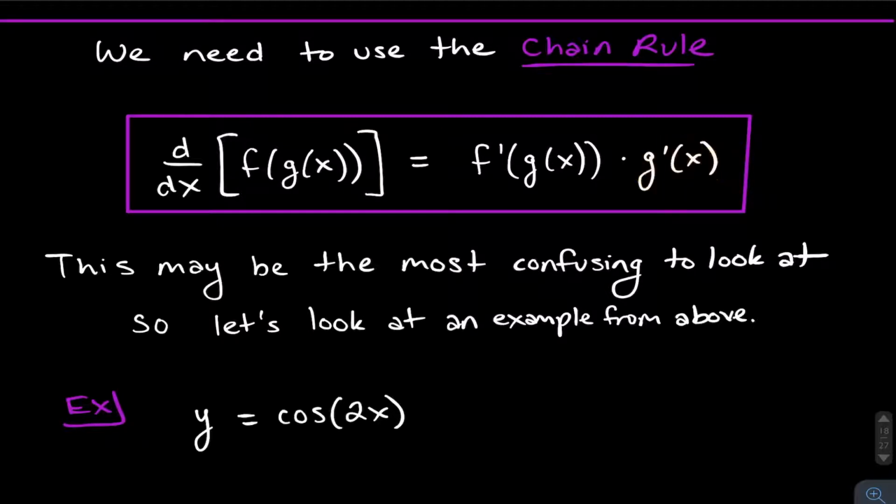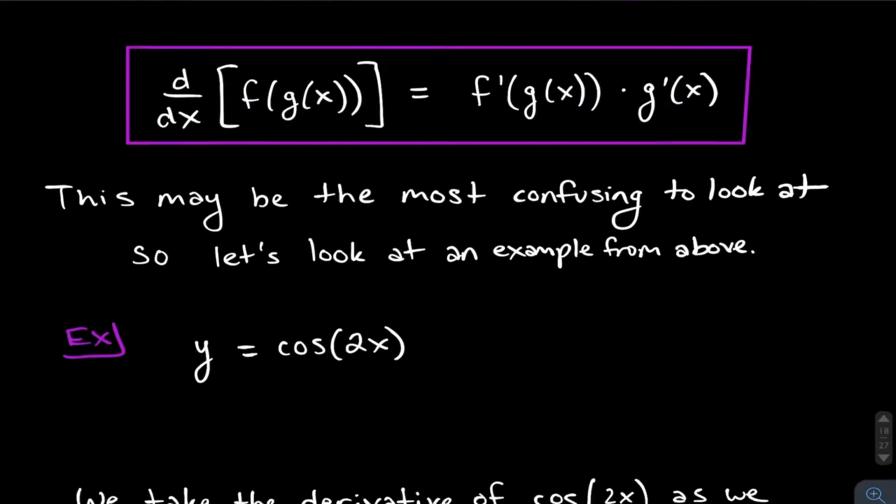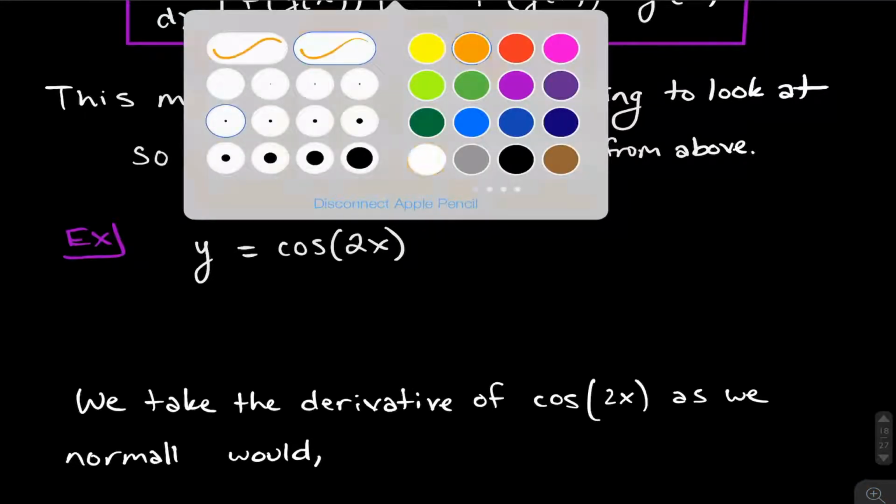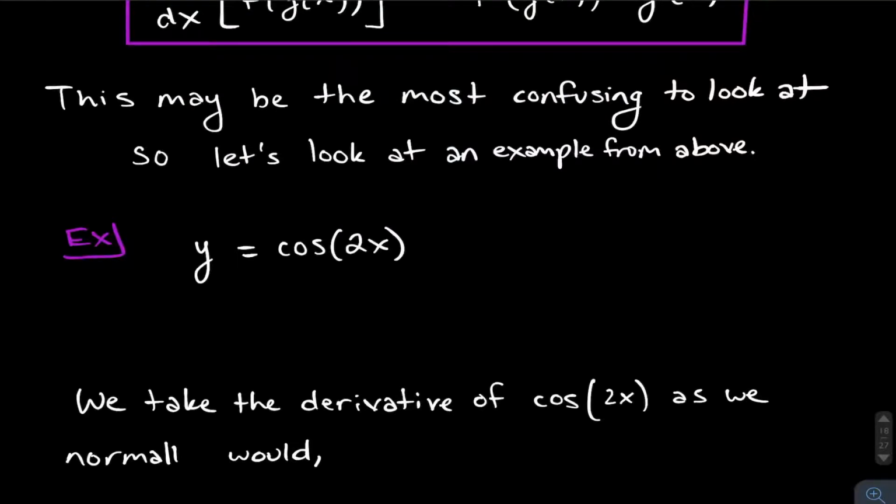This may be really confusing to look at, so let's look at one of the examples from above: y equals cosine of 2x. In this case, the whole thing is basically the outside function, or more specifically, you could say cosine is the outside function.